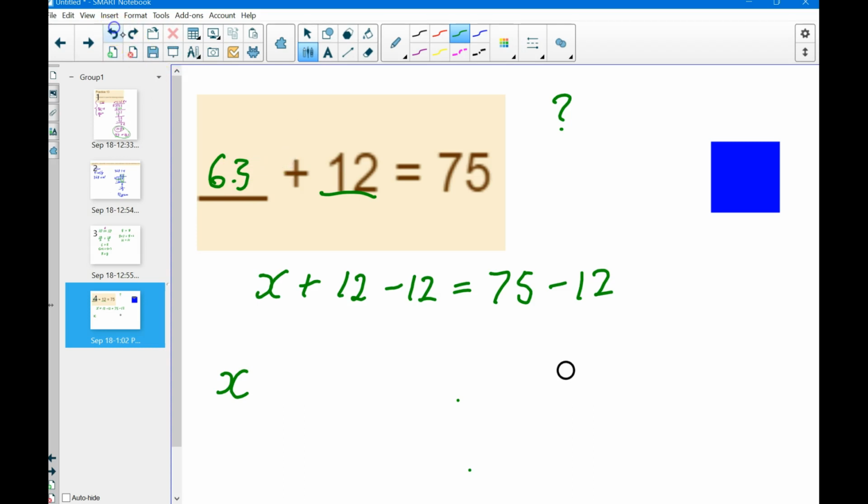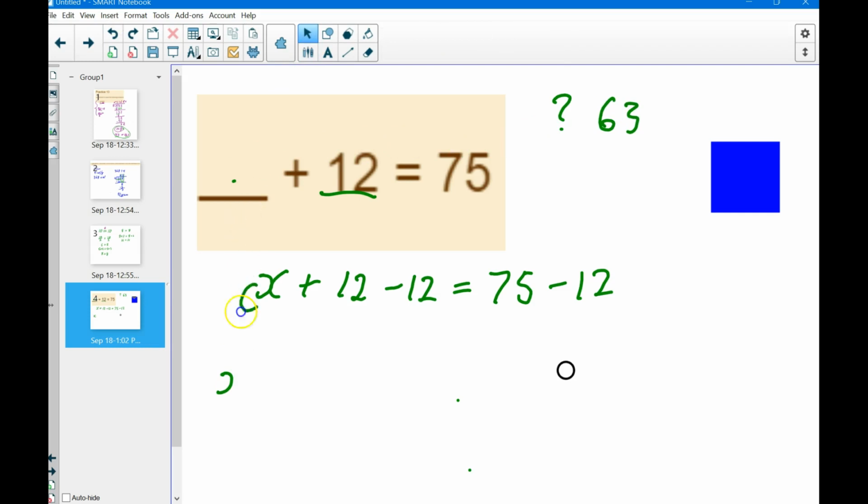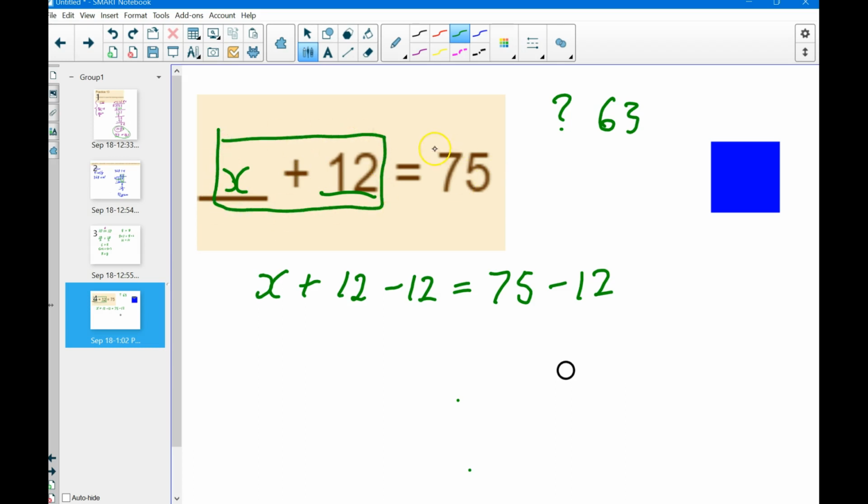My x value goes back when I get it all together again. Now, if I look at this, remember, whatever's on this side equals whatever is over here, right?